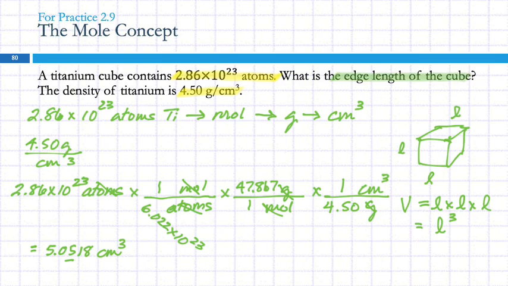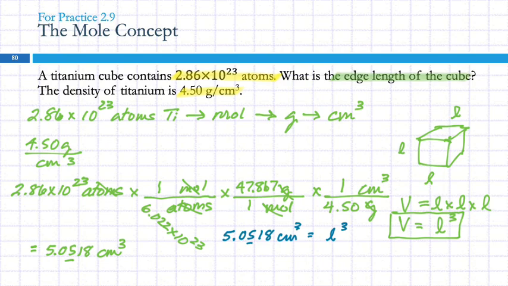So now we can take this guy over here. The volume is equal to the edge length cubed. Well, this is my volume, right? I'm gonna put it in a different color because they're getting kind of confusing. So 5.0518 cubic centimeters is equal to L cubed.